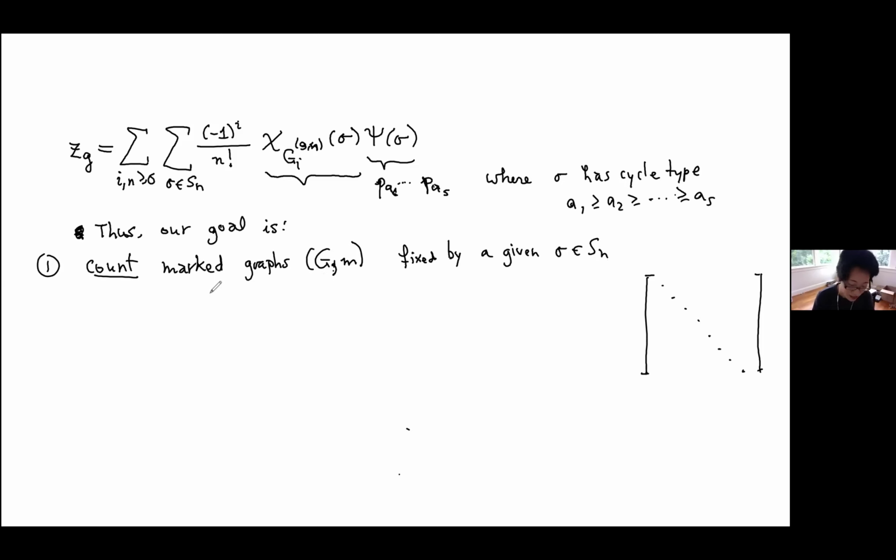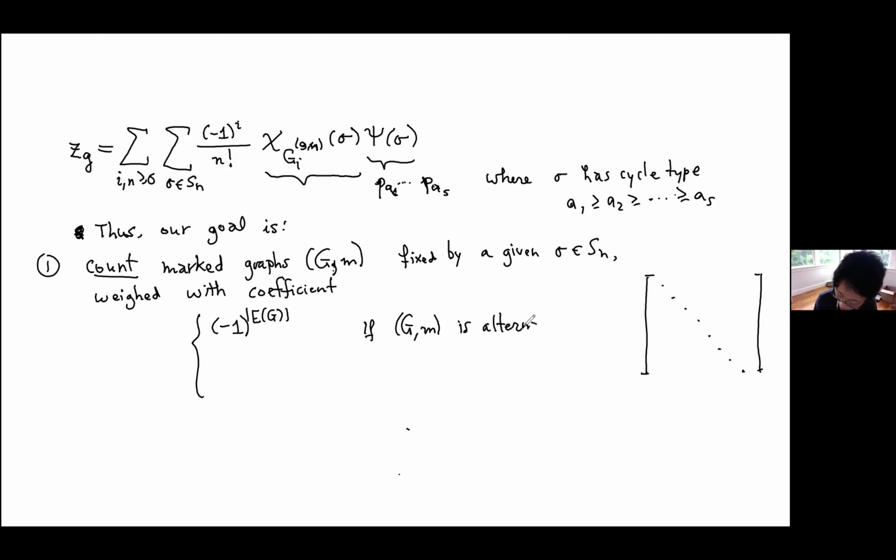And this count has to be weighted as follows. If (G, M) is alternating, then remember this thing actually appears in our graph complex.